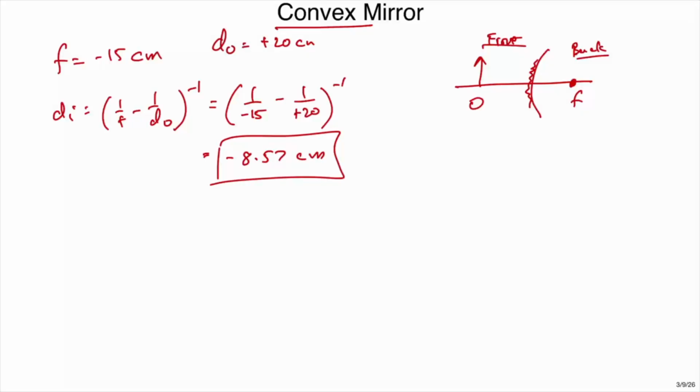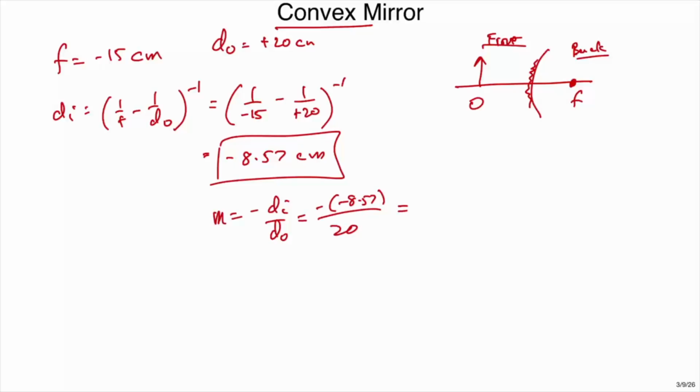Where is this image located? If I have a negative sign on this, where is it located? On the back side. According to the sign conventions, it's on the back side, in front of the focal, meaning it's a virtual image. Let's calculate the magnification. Negative image over object distance: negative of negative 8.57 divided by 20.